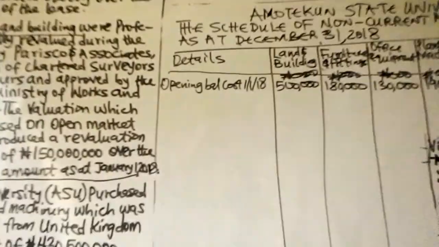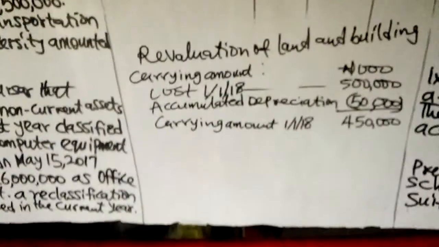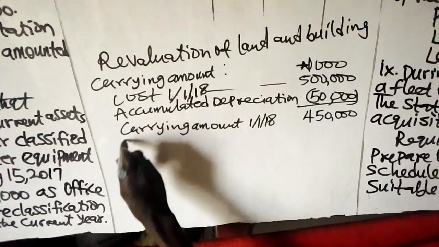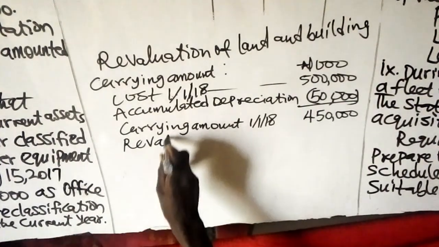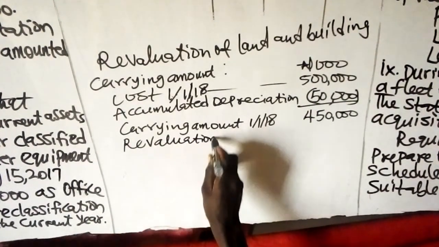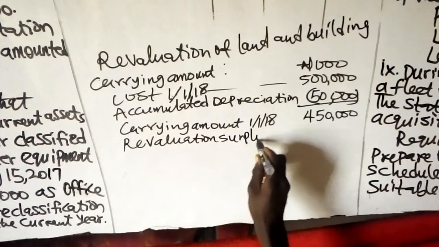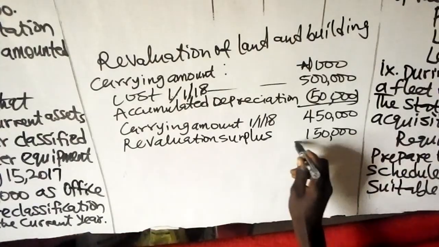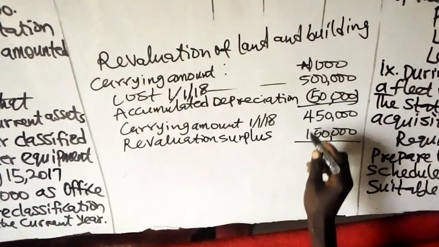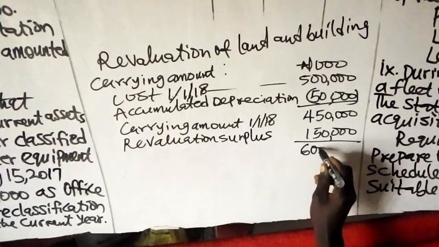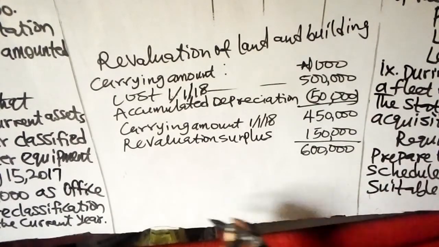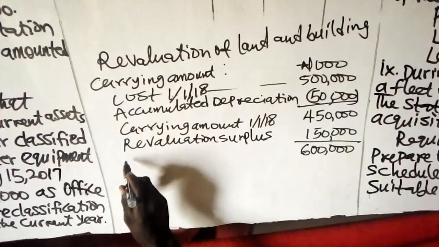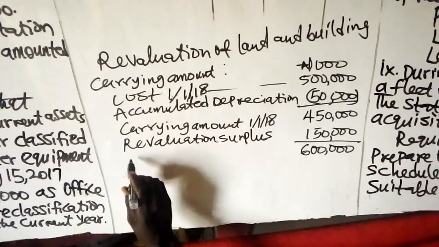So now let's have the revaluation surplus, which is 150 million. If you add 150 million to 450 million, then you'll be having 600 million. This is the value as at December 31st, 2018.